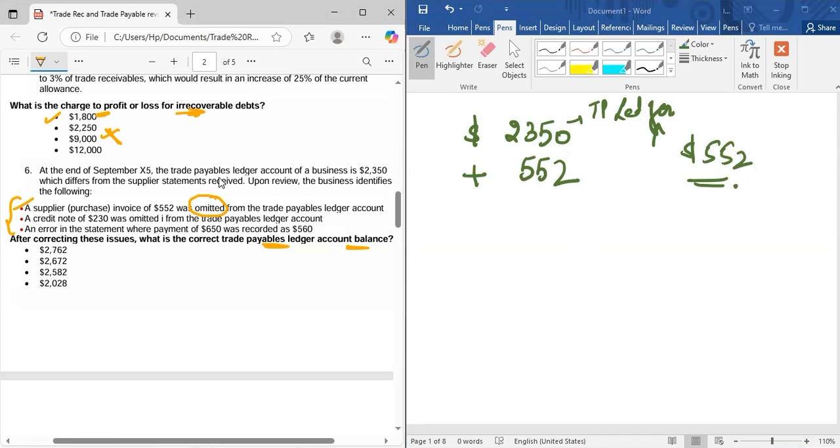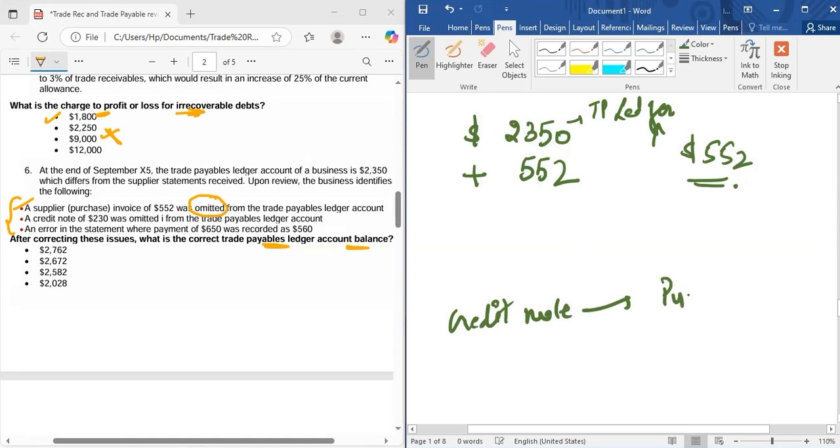A credit note of $230 was omitted from the trade payables ledger account. So what is a credit note? A credit note tells that we have returned some purchases.